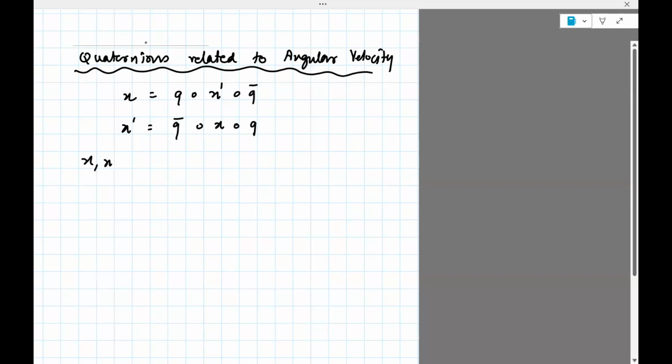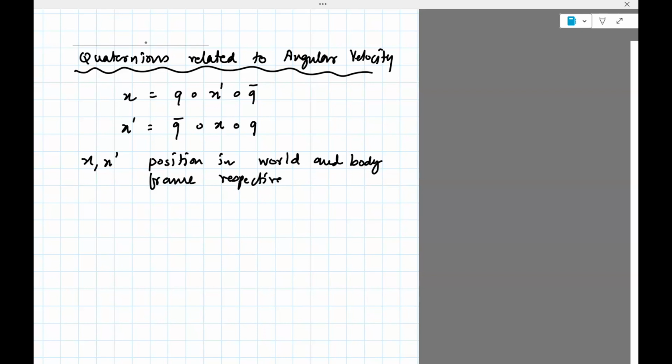So x is the position in world and body frame respectively.